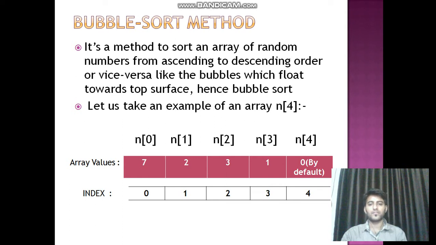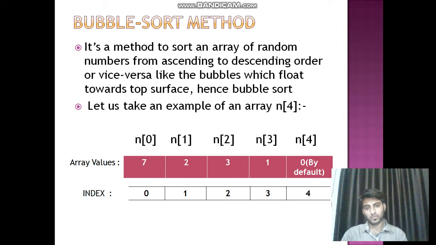From the name itself, you can quickly think of a bubble sort method. In bubble sort method, what actually happens is like in a bucket of water, the bubbles of air which are formed rise from the bottom of the bucket towards the top.